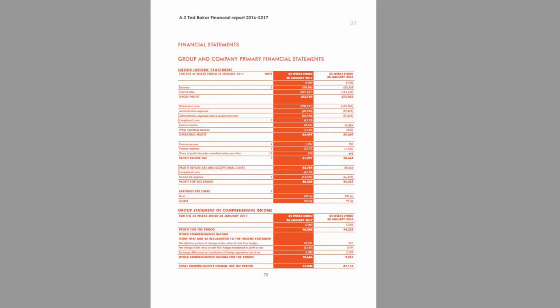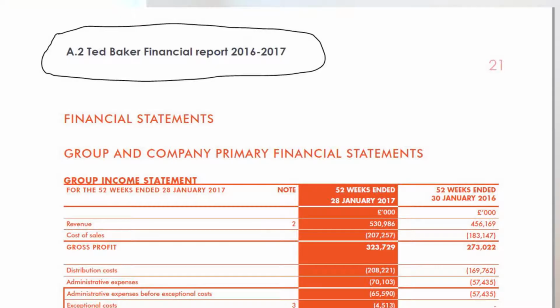Now it is critical for your coursework that if you extract a piece of data from a specific page of the annual report, you should include that page in the appendix for your coursework, because that's how business reports work.